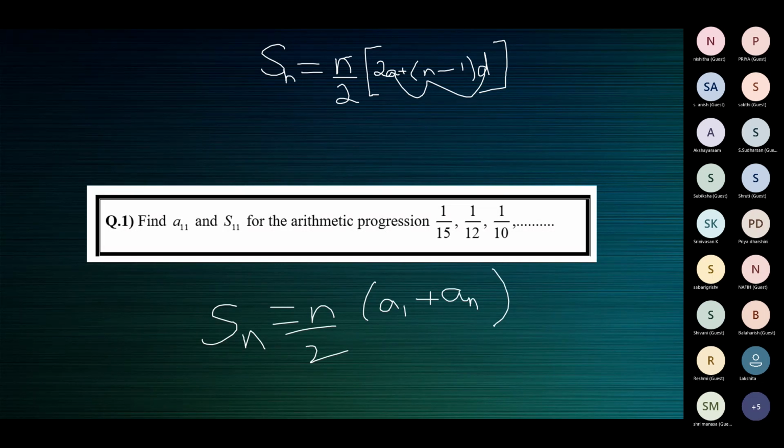In this formula, you need only the first term, last term, and N. In the other two formulae, you need A, N, and D.